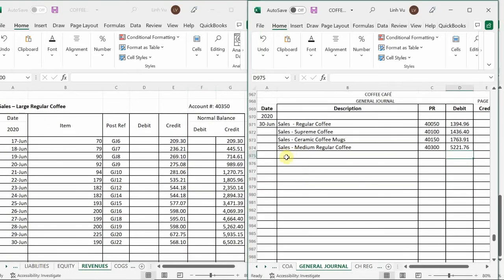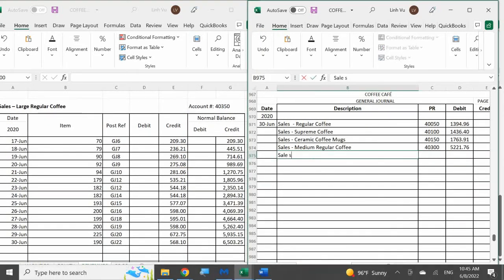Next one on the list is the sales for the large regular coffee. Okay. For a total of $6,503.25.